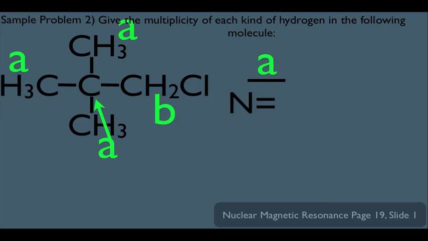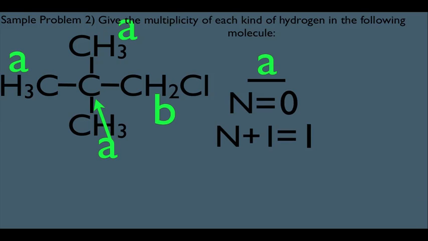And notice that carbon has 0 hydrogens on it, which means the N value for the A hydrogens is 0. We need to know that that's possible. Which follows, if you put it in the N plus 1 rule, 0 plus 1 is just 1, which means we should expect to see the A signal as a singlet. It therefore is not going to be split. We'll see this often in other examples. Now let's investigate the B-type hydrogens. What is their N value?